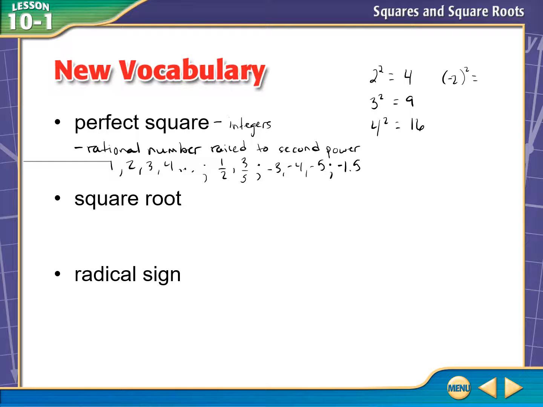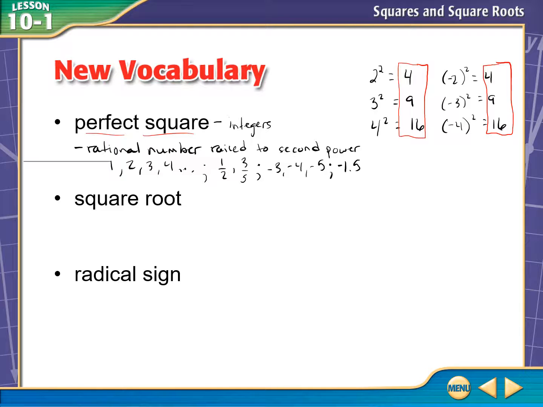Well, -2 times -2 is still going to give me +4. -3 squared is +9. -4 squared is +16. So both positive and negative integers result in positive perfect squares. And the result column here, 4, 9, 16, those are the perfect squares.